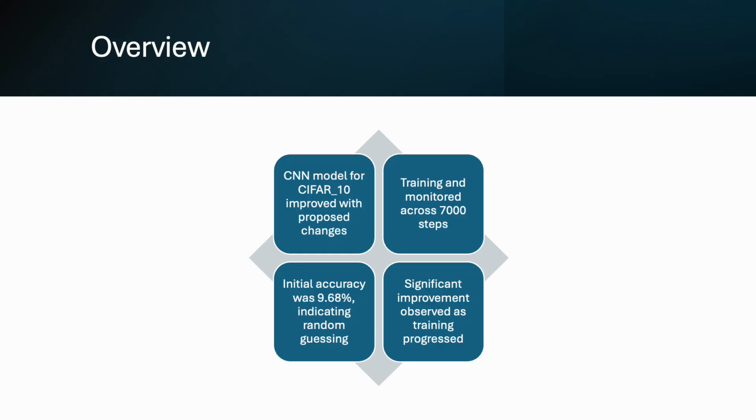A quick overview. The CNN model for CIFAR-10 improved with proposed changes. In the training and monitoring across 7,000 steps, the initial accuracy was 9.68%, indicating random guessing. There was significant improvement as training progressed.